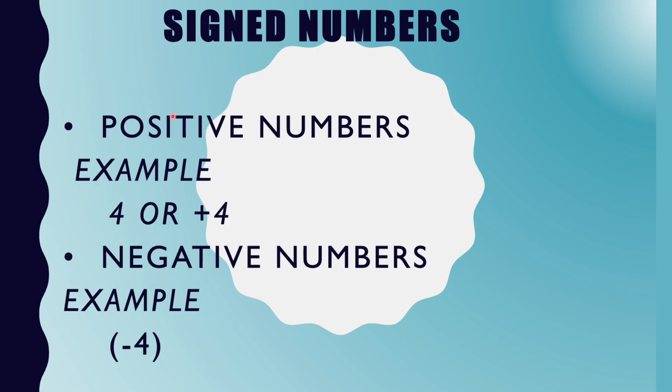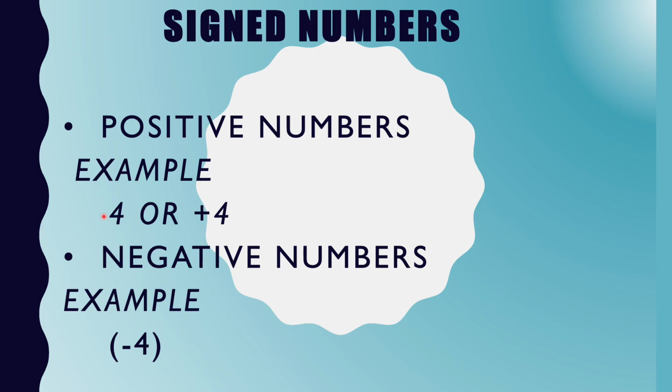So in this example, you can see the positive numbers. There are two ways you can write a positive number. You can see that I took the number 4 as an example. It's just the number 4, we write it like that, or you can write it with the plus sign.